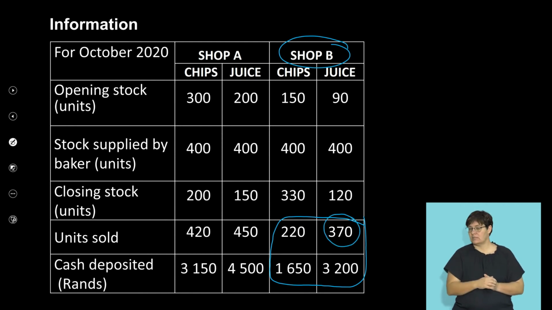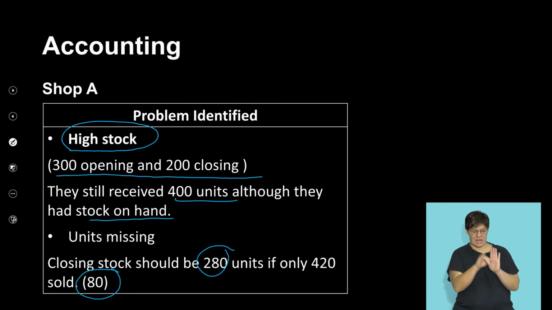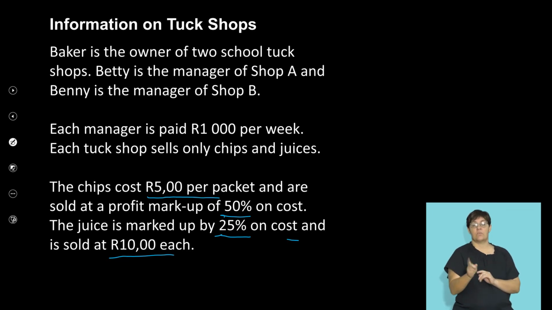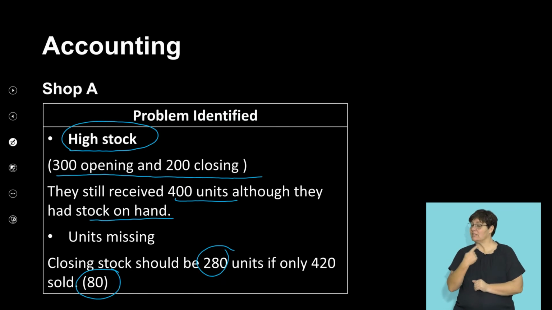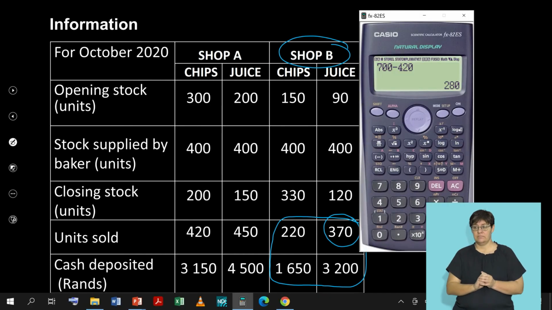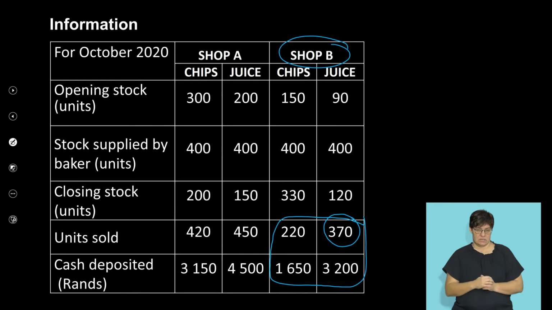And what did we say? We said something about the selling price of the juice. Let's identify it. The juice is sold at 10 Rand each, clearly indicating that if you sold 370 units of the juice, 370 times the 10 Rand will tell you that you're supposed to deposit 3,700.